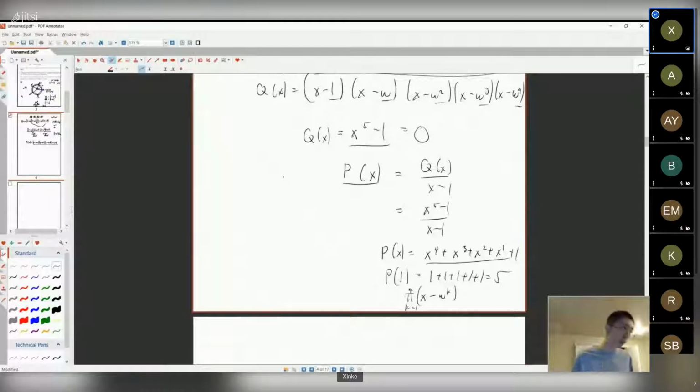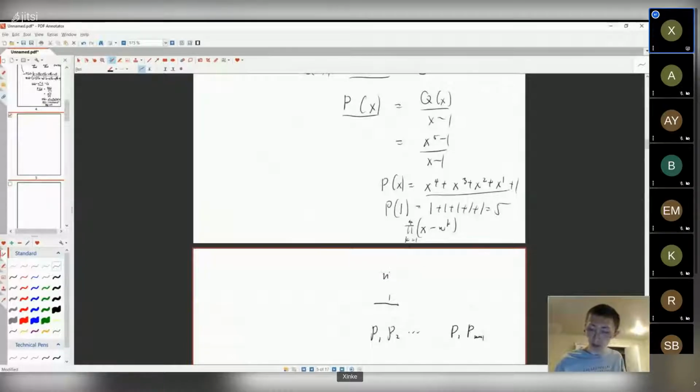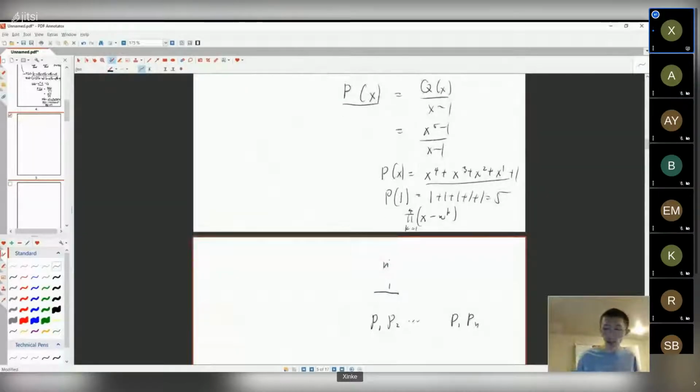It'll work for octagons or nonagons or whatever. So in general, for an n-gon, if the circumradius is 1, the product of P1 to P2, P1 to Pn is going to be n, if it's a regular polygon inscribed in a circle of circumradius 1.